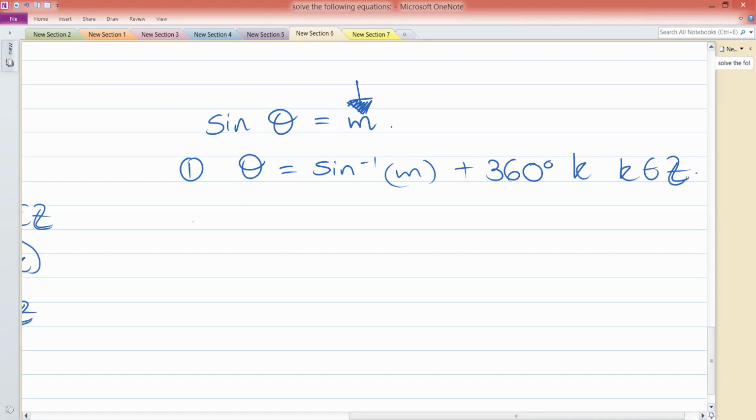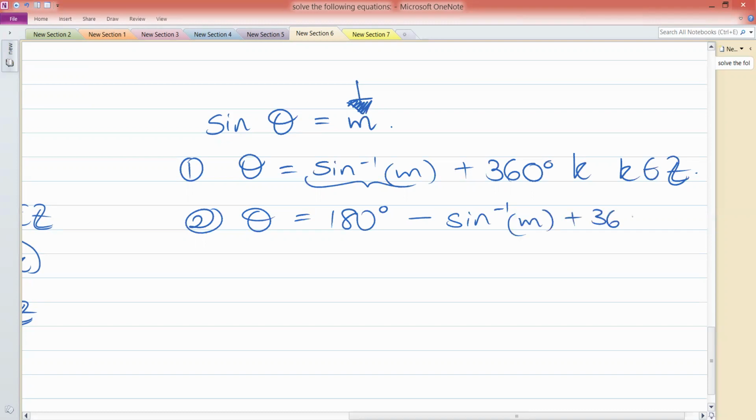The second one is 180 minus inverse sine m plus 360 degrees k. So you get one that's just inverse sine m, and the other one is 180 minus inverse sine m.